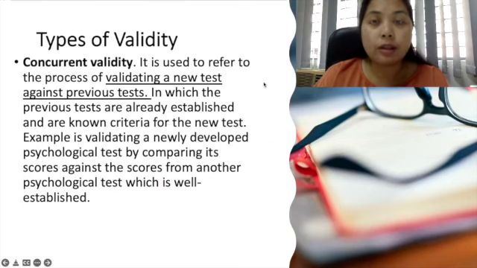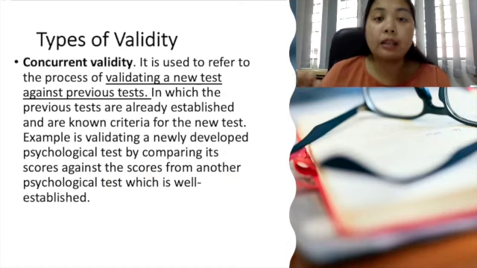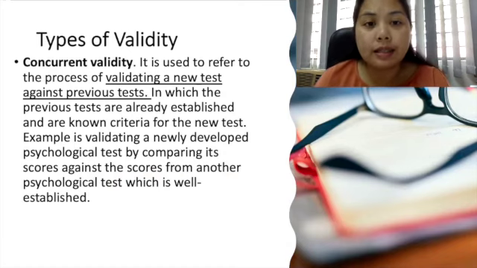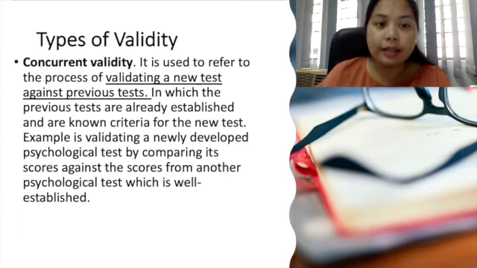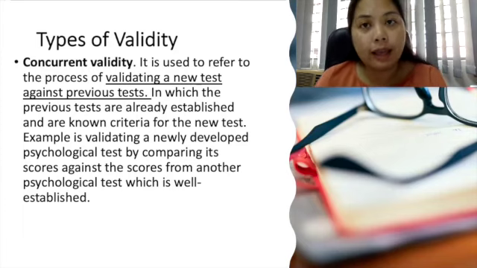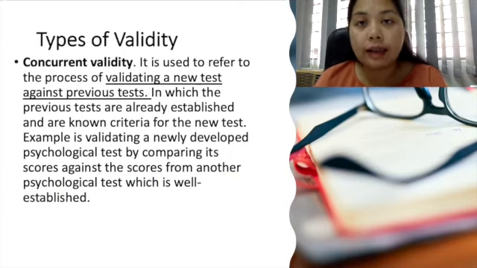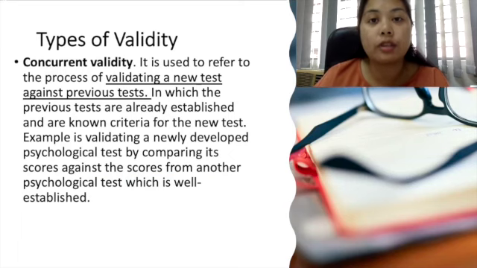The next one is concurrent validity. In concurrent validity, we validate a new test against previous tests, in which the previous tests are already established and are known criteria for the new test. Example is validating a newly developed psychological test by comparing its scores against the scores from another psychological test which is well established.